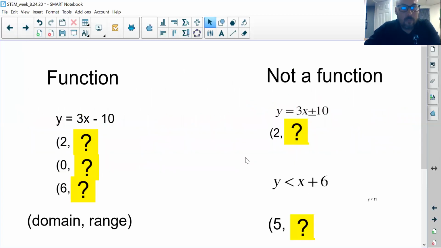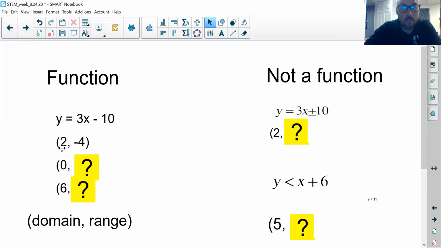So here are some examples of functions and non-functions. This is a function. Remember, every domain element goes to one range element. If I ever have a domain that goes to two different ranges, I'm in trouble. It's not a function. 2 is the domain. If you plug in 2 into x, you get 3 times 2, which is 6, minus 10, which is negative 4.